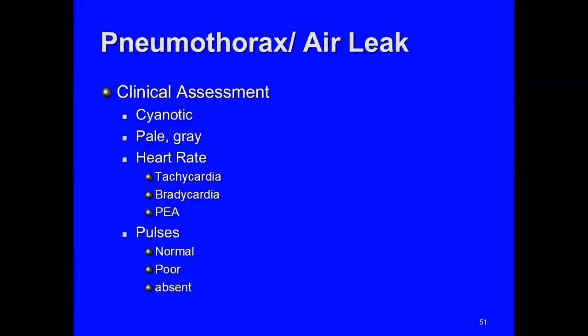Clinical examination of a case of pneumothorax: first of all, babies become cyanotic, and also have a paler and grayish appearance. The heart rate can also change, and they can become tachycardic, and also bradycardic, they can show in these cases.